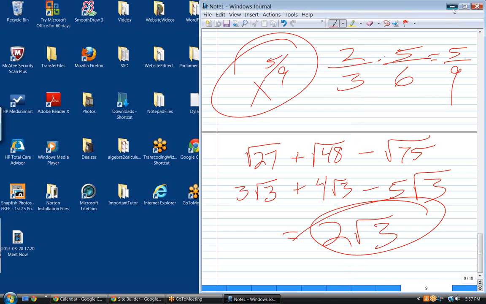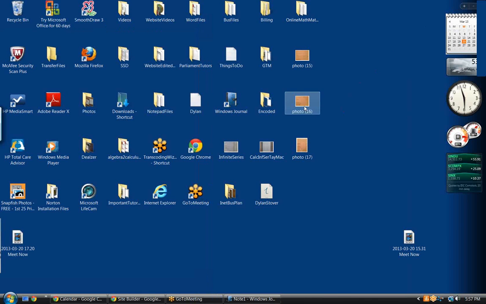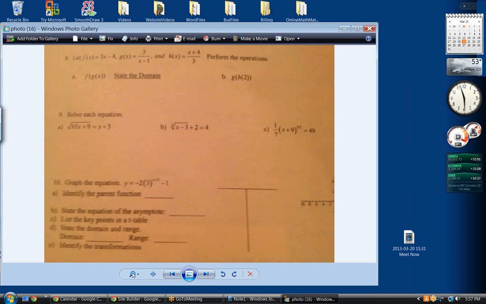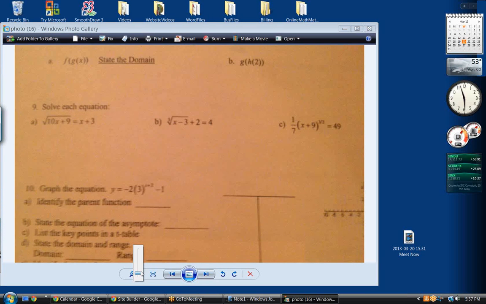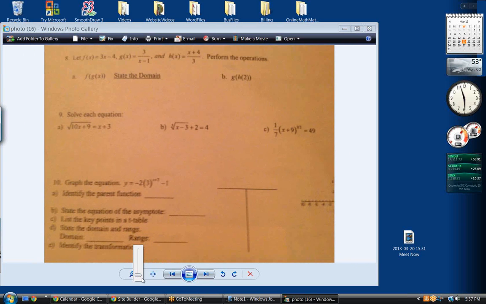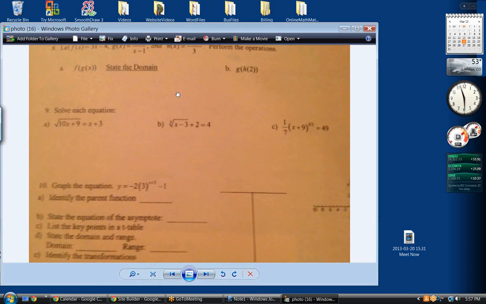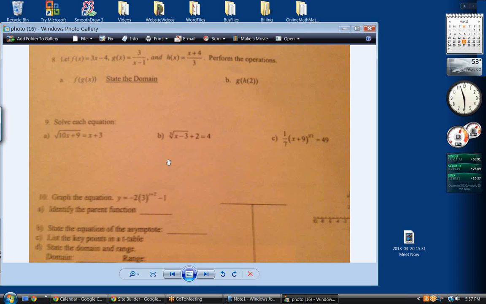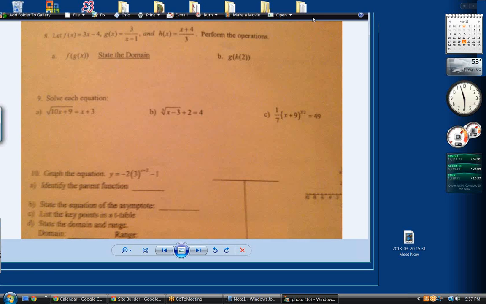I think we have one more page. Yeah, I think it's this one. This one's slightly different. Let's do at least one of these.